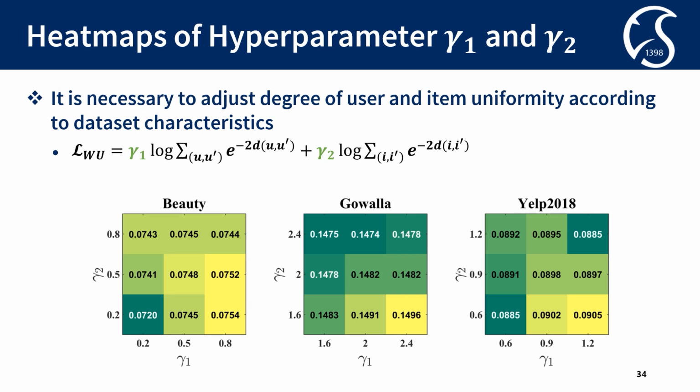Secondly, among all datasets, the highest performance is consistently achieved when gamma 1 is greater than gamma 2. It indicates that achieving uniformity in user representation is more critical than in item representations. From these findings, it is necessary to adjust gamma 1 and gamma 2 properly depending on the characteristics of datasets.